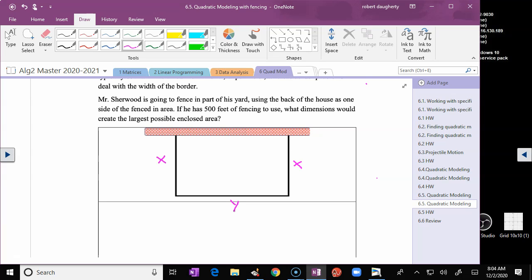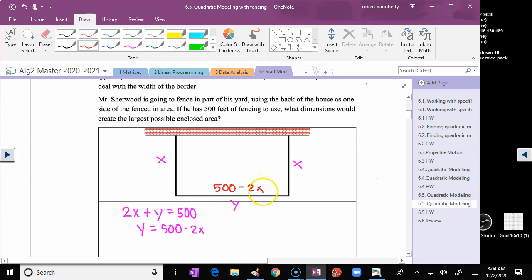I've got 500 feet of fencing, so you know that 2x plus y has to equal 500. So that means that y has to equal 500 minus 2x. So I now know that this side is 500 minus 2x.